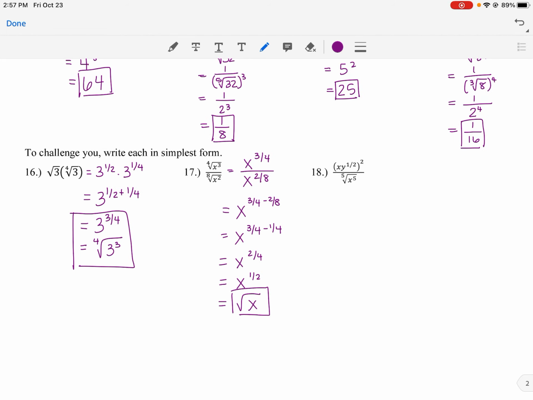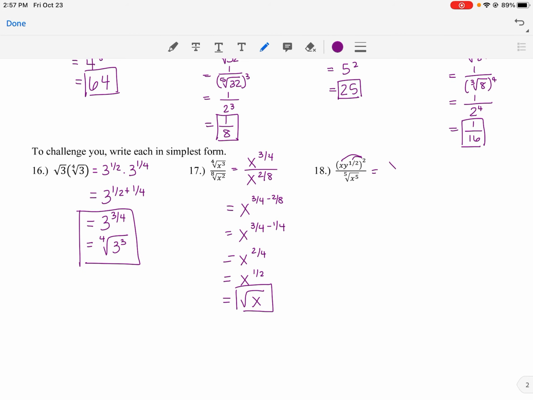Okay, one last one. Let's always get rid of our parentheses first. So we're first going to distribute that exponent of 2, so raise things to the 2nd power. So we'd have x squared, y to the 1/2 times 2, all over x to the 5 times 2 divided by 5. Oh, this is a lot easier than it looks.